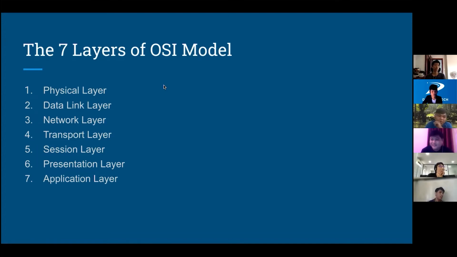So question, please. The whole layer model is like it has the instructions for the computer already. So when the computer sends some data, it follows these instructions. Those instructions are inside the network card already. Is that correct?